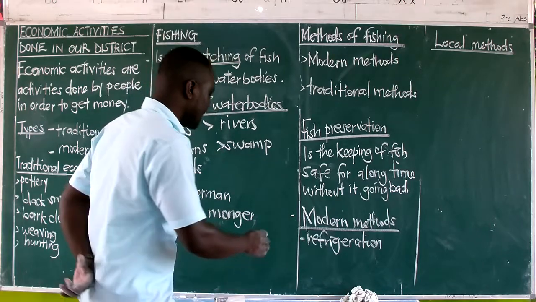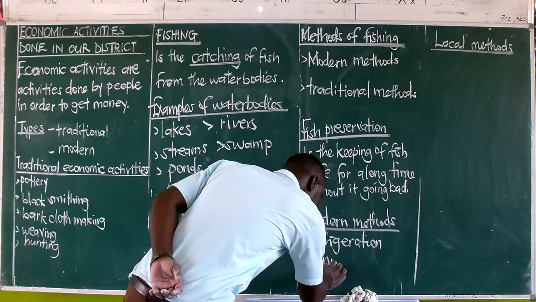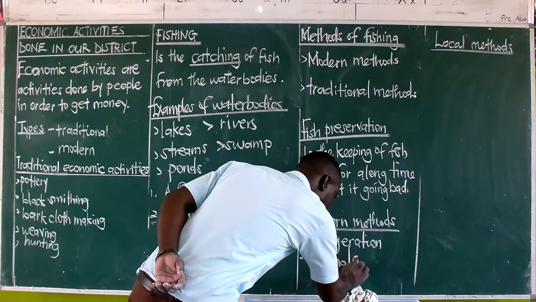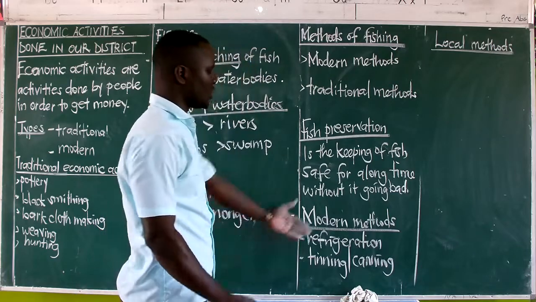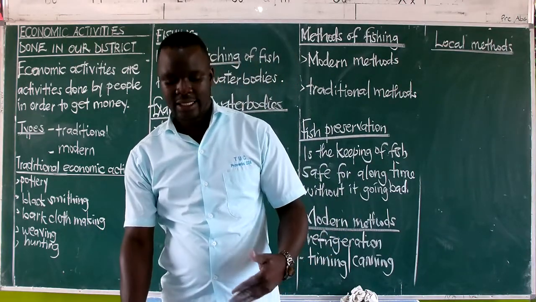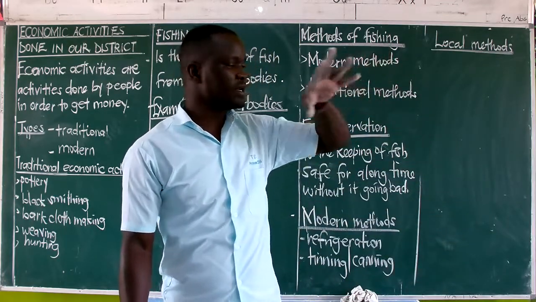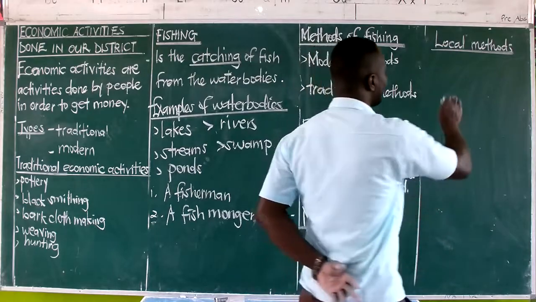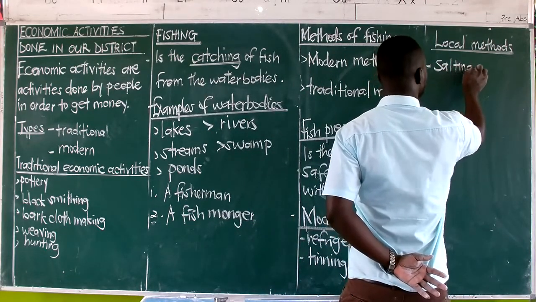And then we have the other method called tinning, or canning. So those are the methods that we can use in modern preserving. Then when we go to the local ones, we have methods like salting, that is using salt to preserve it.